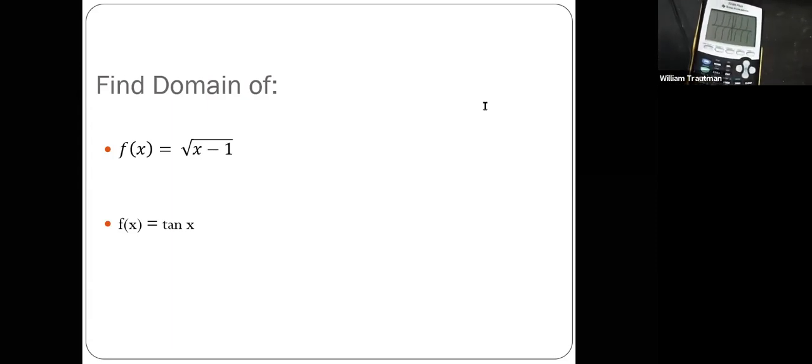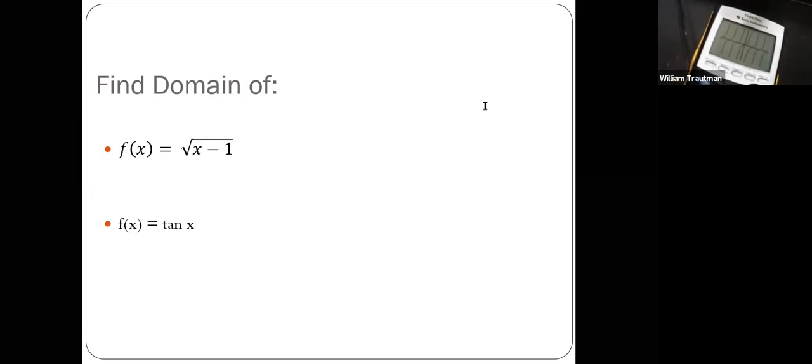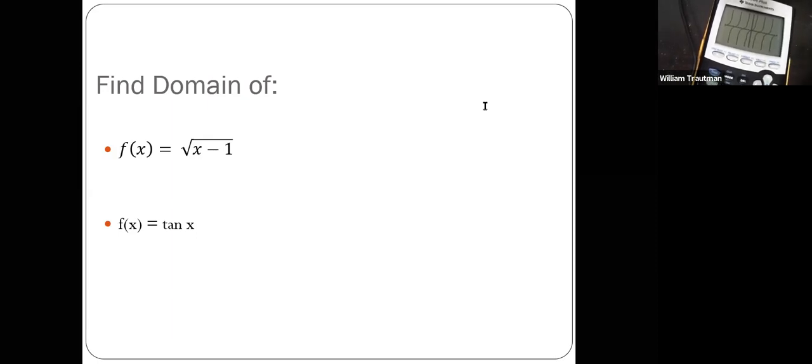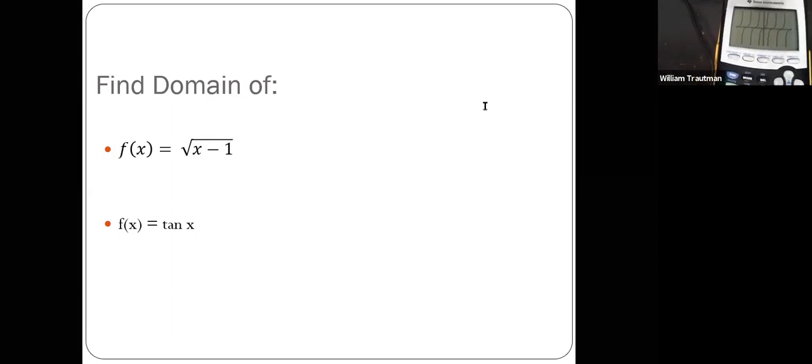So can somebody tell me, can you tell by this what the domain is? It's really kind of hard, but can you tell me what the domain is by looking at this? At x equals 0, I get a part of the graph.